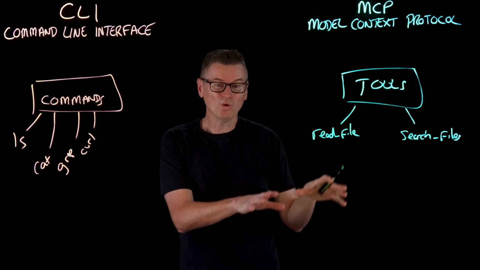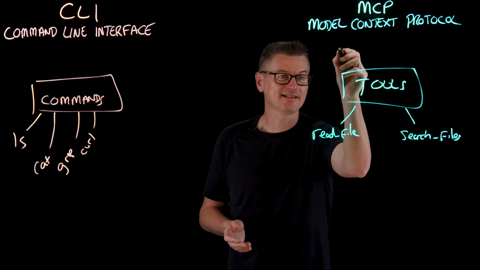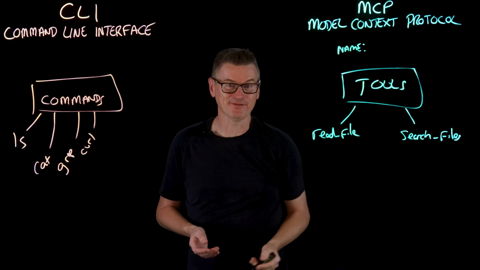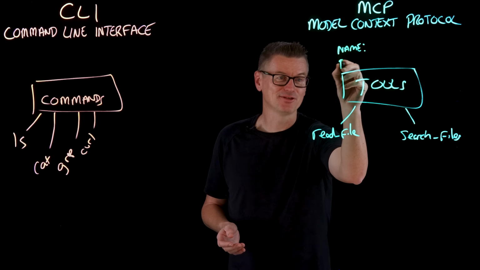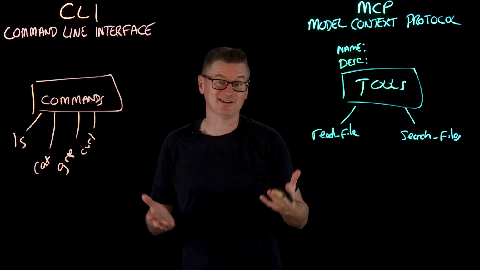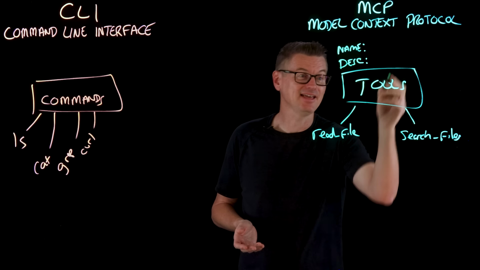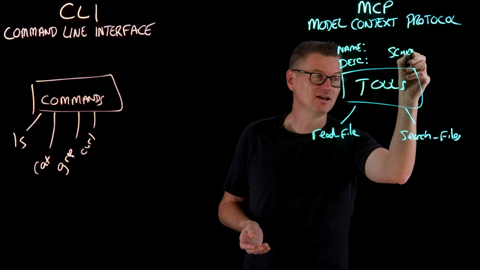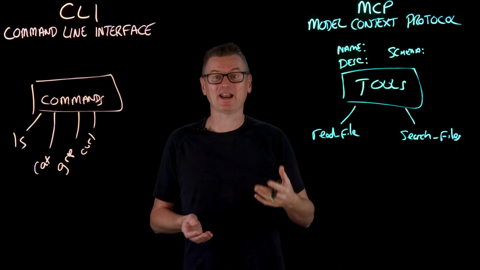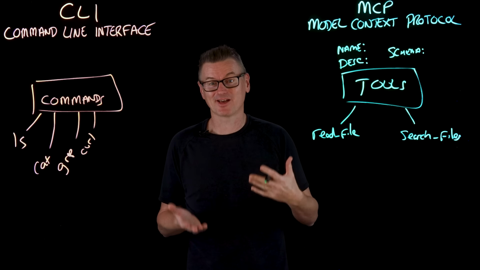Each tool has a name assigned to it, like read file. It has a description which says what the tool does, written in English. And then it has a JSON schema as well. That schema defines exactly what inputs it expects and what outputs come back.